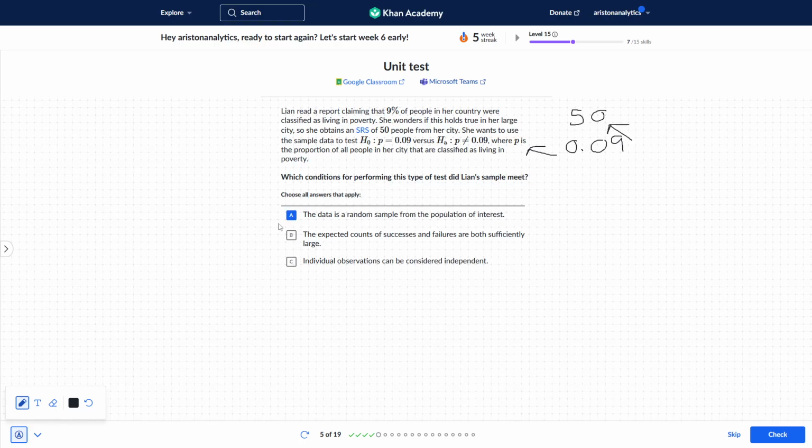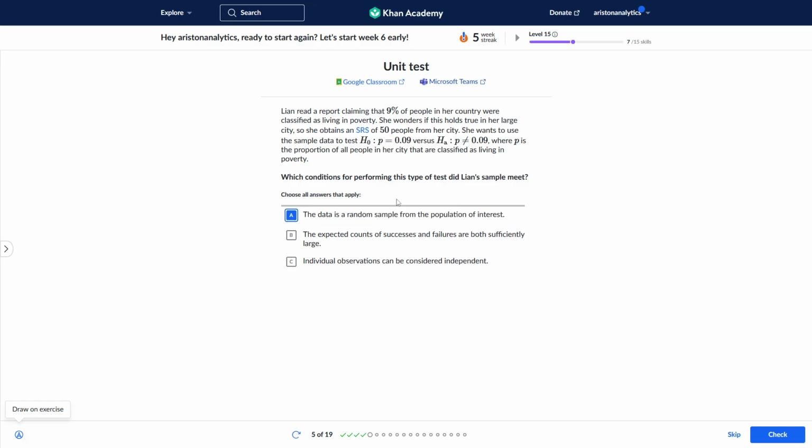Even 10% of 50 isn't 10, so fail that. Individual observations can be considered independent. 50 people from our city. It's a large city, so 50 is probably less than 10%.